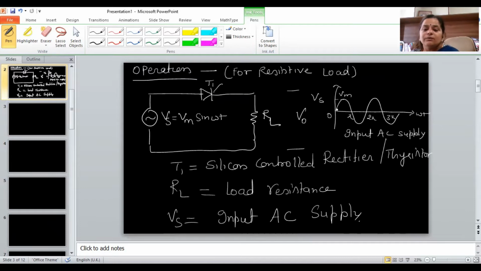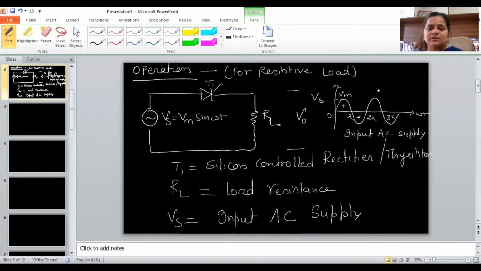That means we have connected the alternating source to the circuit, which alternates its cycle after every half cycle. Means 0 to pi has the positive cycle, and pi to 2 pi has the negative cycle.